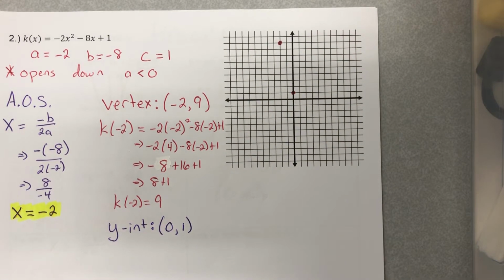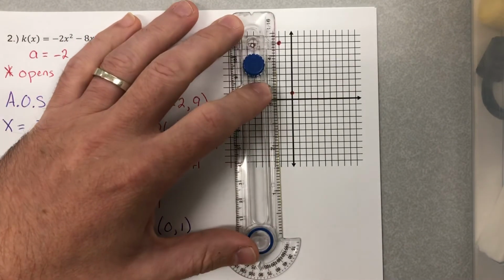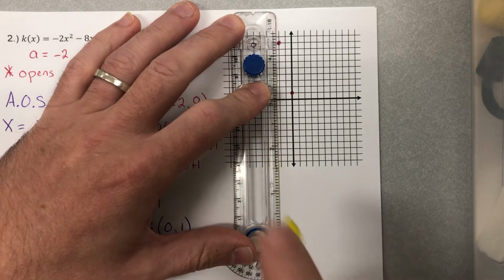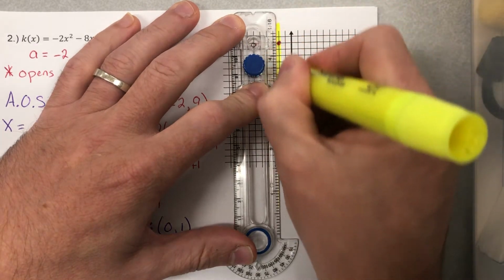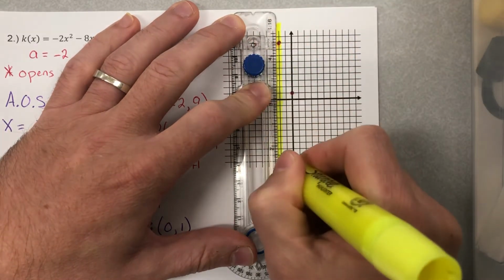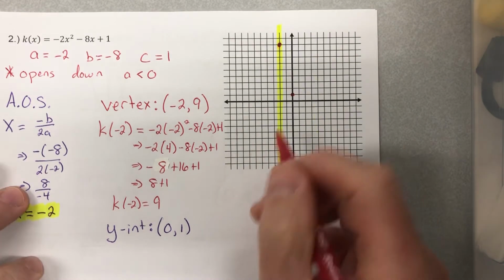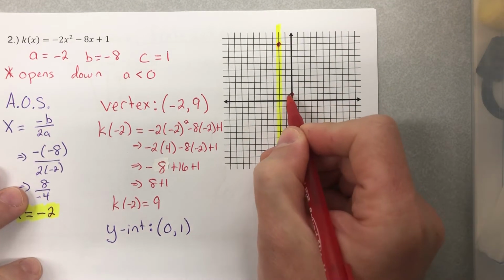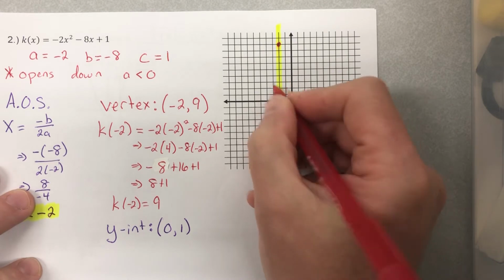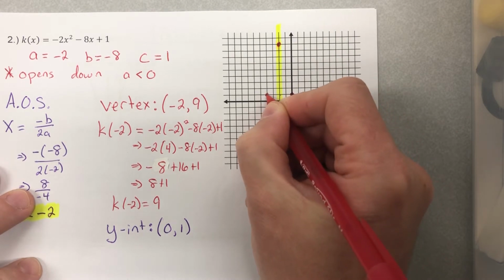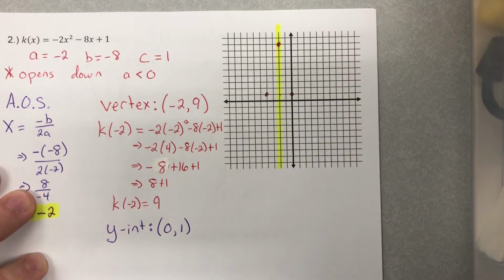Like I said, I'm going to highlight my axis of symmetry to save myself some time graphing. We know that our y-intercept is 2 points away from our axis of symmetry on the right, so it'll also be 2 points away on the left.